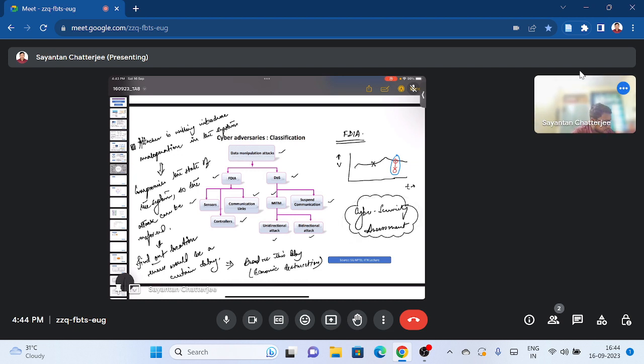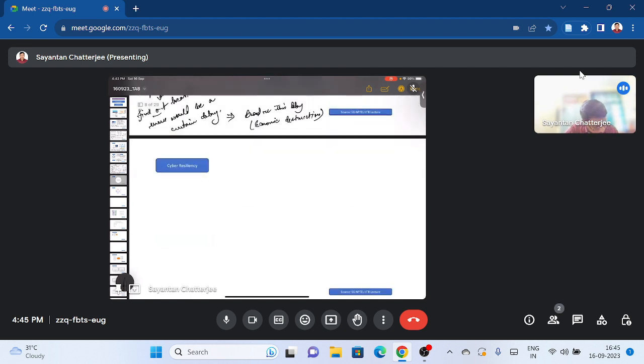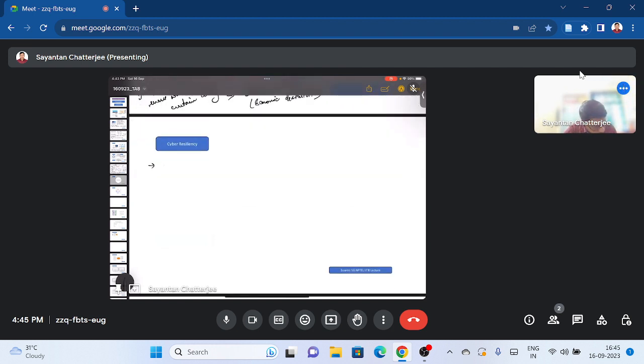Okay, so that's it. Now coming to cyber resiliency. Cyber resiliency mainly has two objectives: to mitigate the damage of cyber attacks.